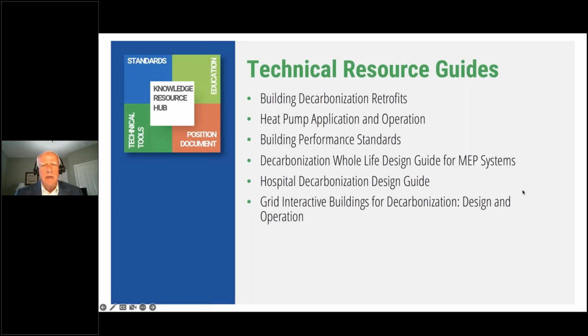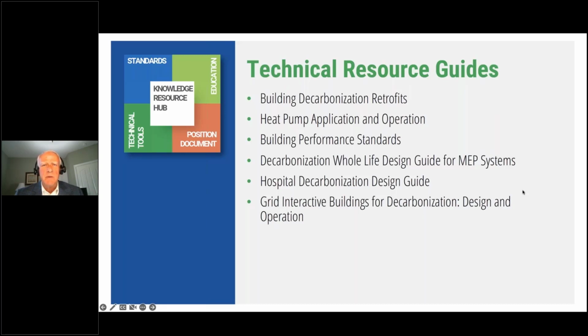Within ASHRAE, there are 4 key things that we are looking at. First of all, as Ginger alluded to, the Society has developed a position document, and that's currently on the website. There are 3 other key pillars of this stool. That is education, and we're in the process of developing some educational courses.